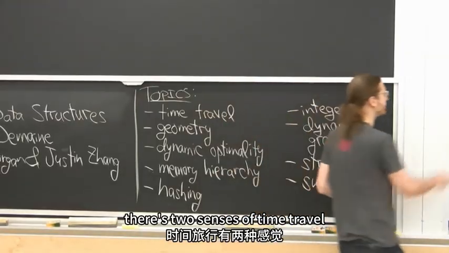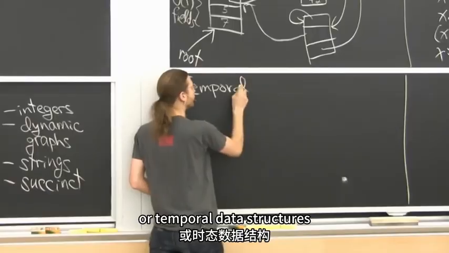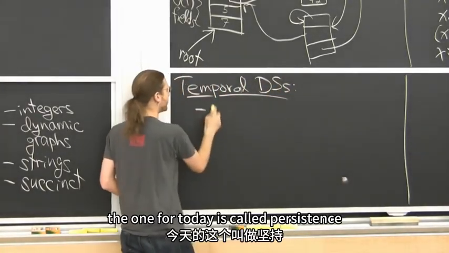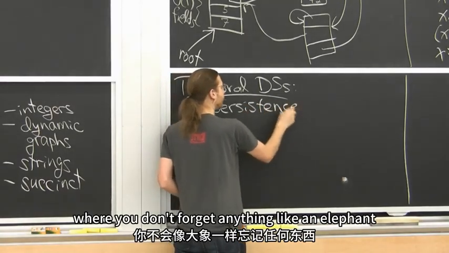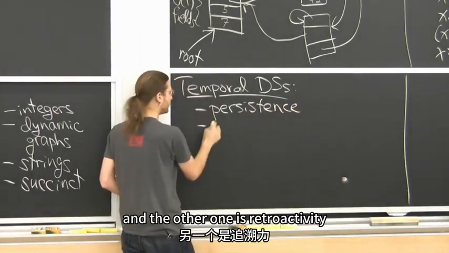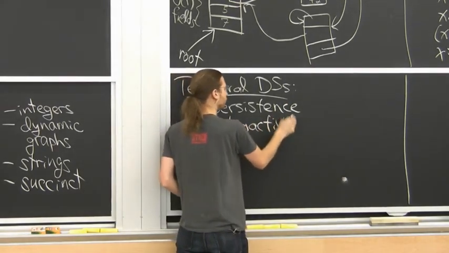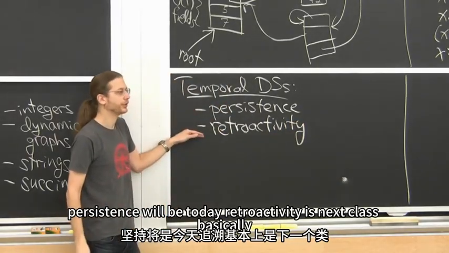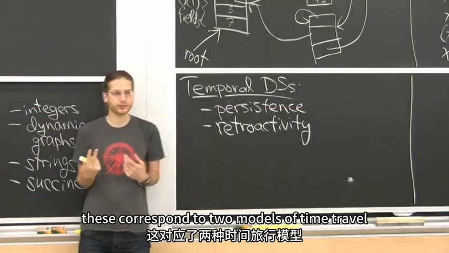There are two senses of time travel or temporal data structures that we're going to cover in this class. The one for today is called persistence, where you don't forget anything, like an elephant. And the other one is retroactivity. Persistence will be today. Retroactivity is next class. Basically, these correspond to two models of time travel.